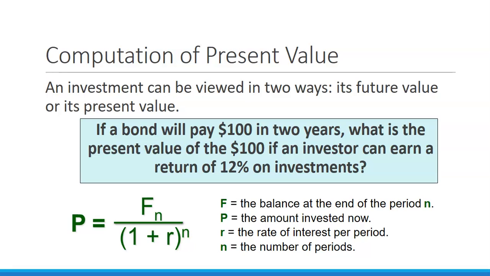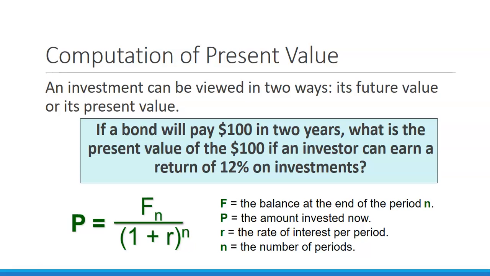Now we're going to look at present value. So present value is if a bond will pay $100 in 2 years, what is the present value of that investment if I can earn a return of 12% on investment? So the future balance at the end of the period, which is $100, the rate of interest is 12%, and the number of periods is 2 years.